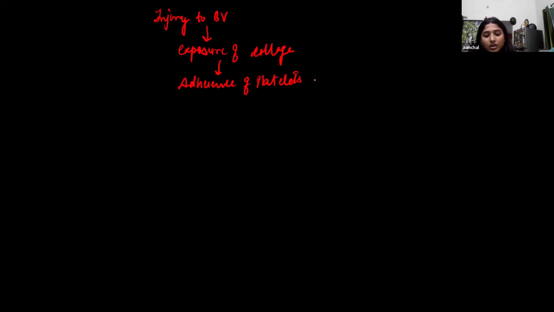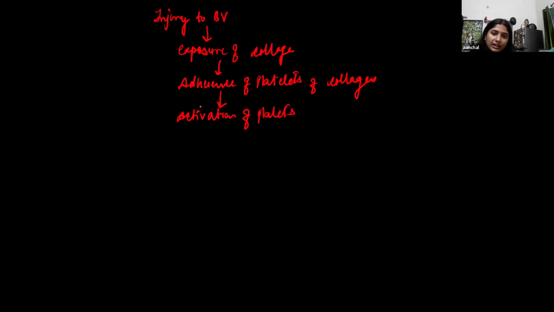So for the temporary hemostatic plug, the first step is whenever there is injury to a blood vessel, it will lead to damage of the endothelium, and so there will be exposure of collagen. First, what will happen? It will lead to adherence of platelets to collagen. These are platelets which are already present in the circulation. Then adherence will lead to activation of other platelets.